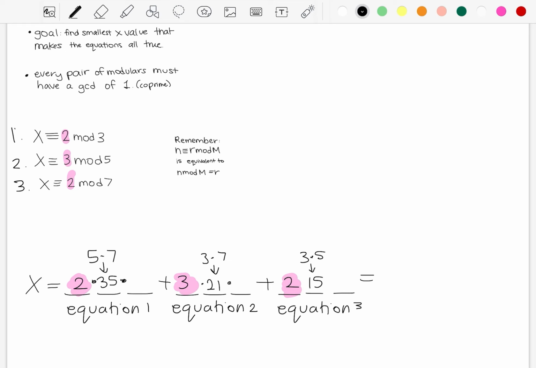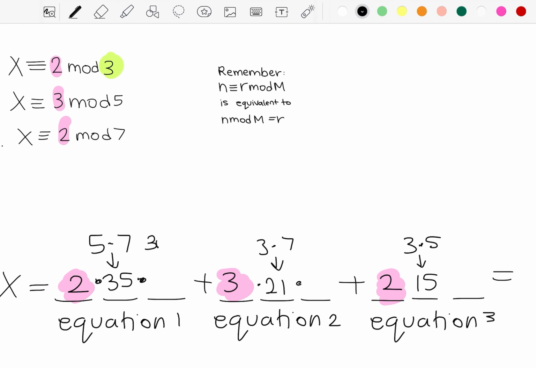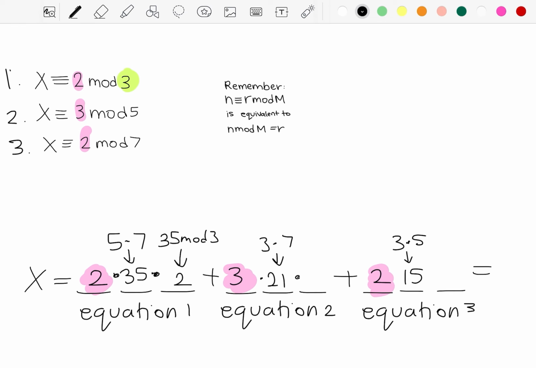Now what we're going to do is take the second value that we just calculated, and mod it by the original mod value. Looking at equation 1, 35 mod 3 is going to be 2. That took me too long, so let me just write this above so you can see the process. Nope, it's mod 3, and that is 2. We're going to do this same thing again.